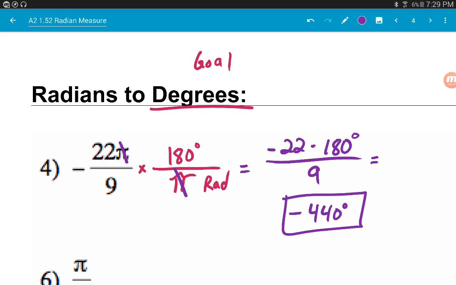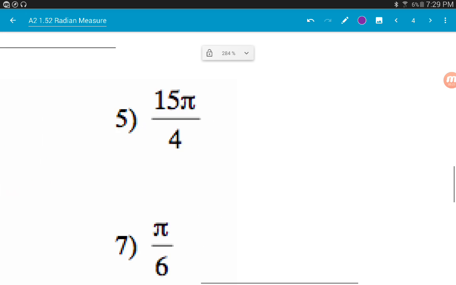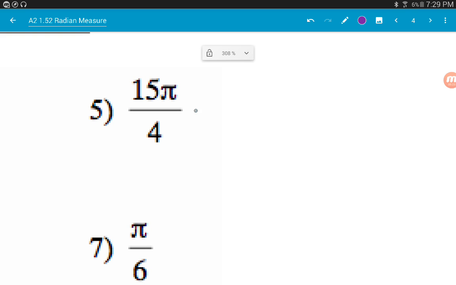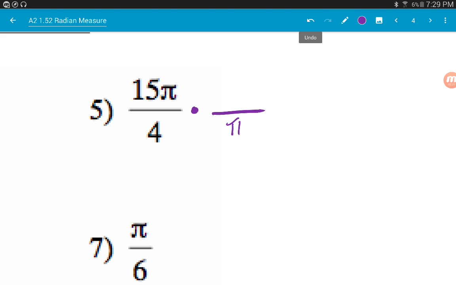Okay. We'll do one more. Question number 5. The pi is still on top, so I'm going to still want to multiply by a fraction that has a pi on the bottom. So it's going to be pi radians. And on top, I'm going to put 180 degrees.